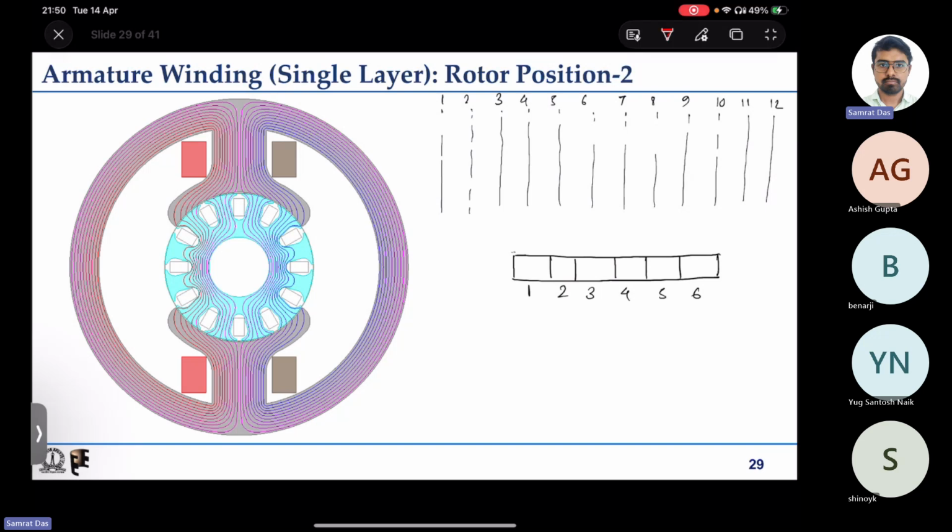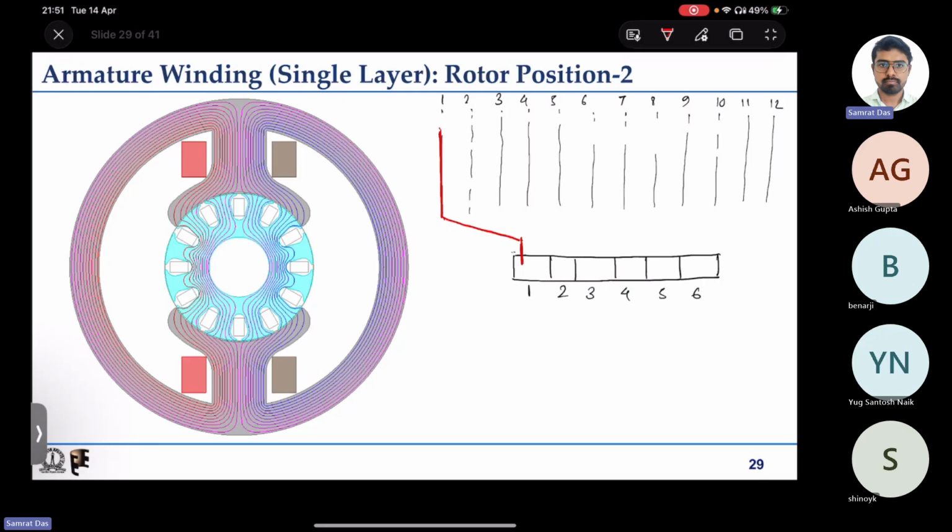Let us make the winding in such a way that some winding will start from segment 1. That means one coil side will be shorted to segment 1, and it will go and pass through slot 1. This straight line along the slot is the coil length, the axial length of the motor.